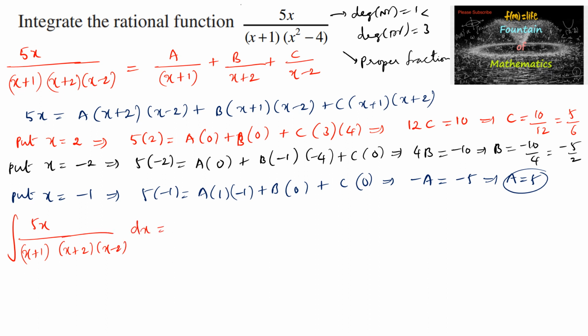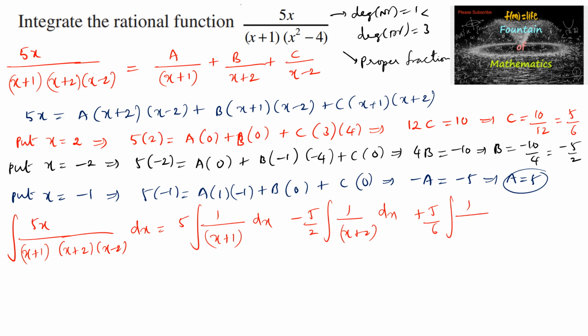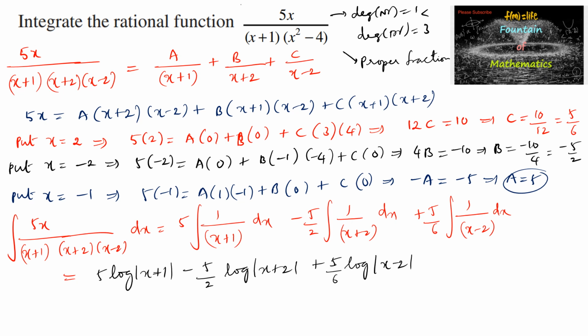We can write it with a is equal to 5 times integral 1 upon x plus 1 dx, and b is equal to minus 5 by 2, so we can write minus 5 by 2 times integral 1 upon x plus 2 dx, and c is plus 5 by 6 times integral 1 upon x minus 2 dx, which is equal to 5 times integration of 1 upon x plus 1, since the coefficient of x is 1, so we can write log mod of x plus 1 minus 5 by 2 times log mod of x plus 2 and plus 5 by 6 times of log mod of x minus 2 plus c.